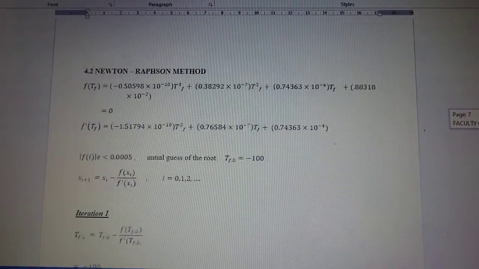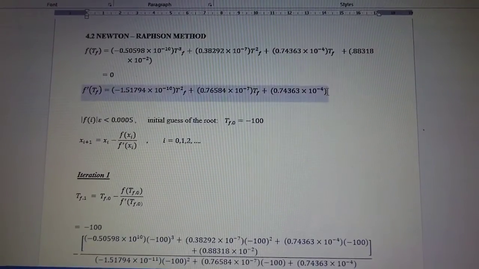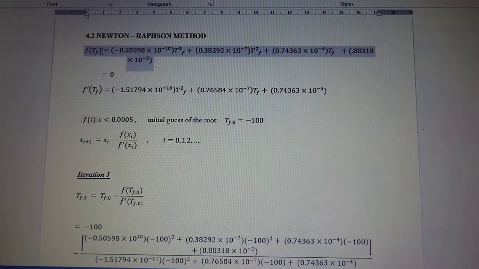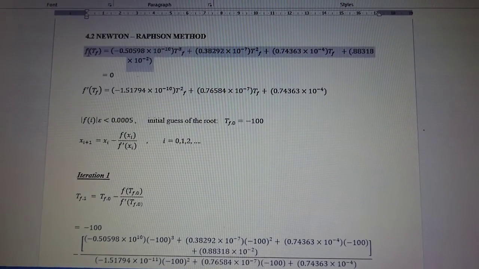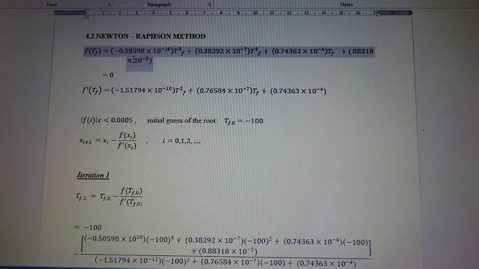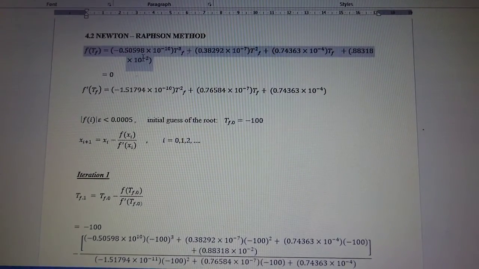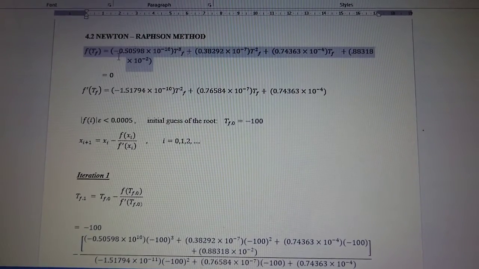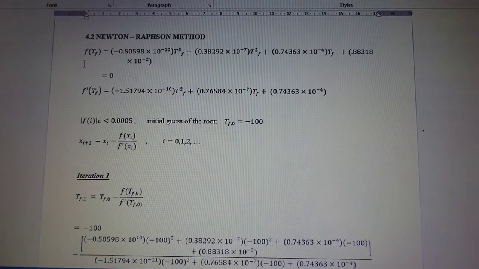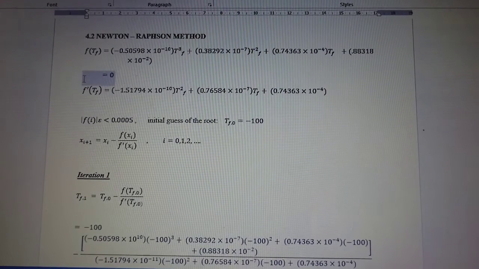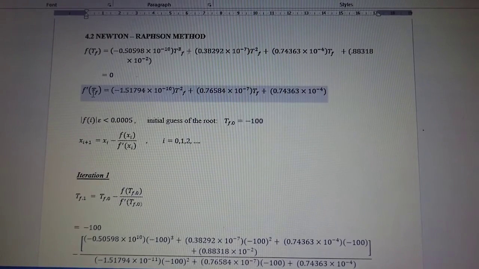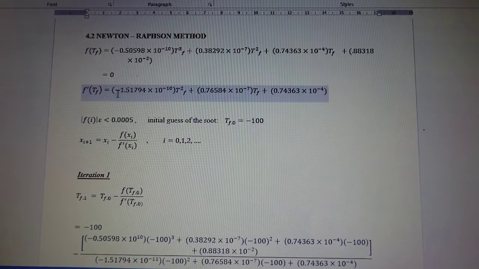Next, for the Newton-Raphson method, we need to use the equation that has been given, but in the Newton-Raphson method we need to differentiate the equation. So this is the equation after it has been differentiated.